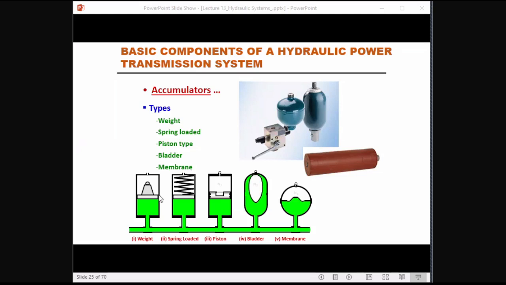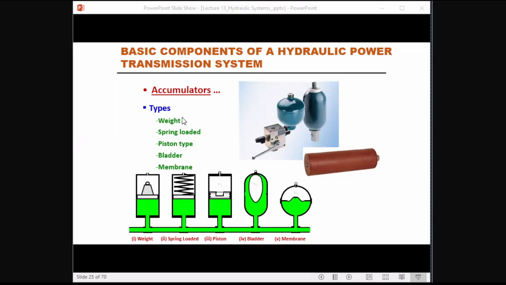Okay, here you can see some pictures of these types of accumulators. Using these sketches, you can identify their mechanisms. Then these different types we can use for different applications.